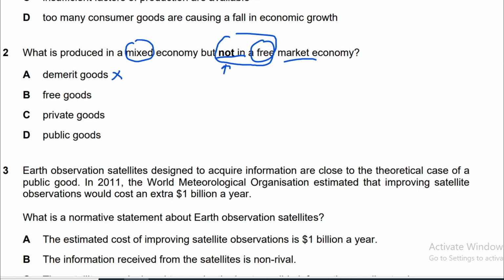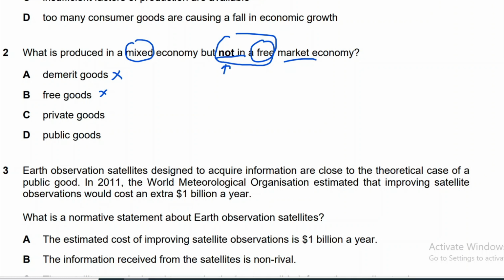Free goods are not relevant here because free goods are the goods that are provided by nature instead of government or private sector, so they are not provided in a free market economy, and they are also not provided in a mixed economy. They are provided by nature, such as sunlight, fresh air, and water from river, lake, right? So B is also an incorrect answer here.